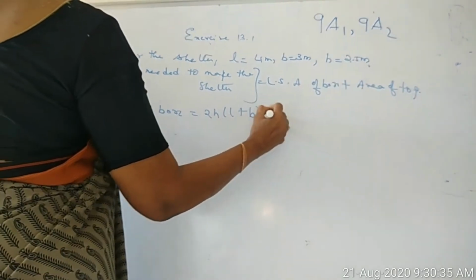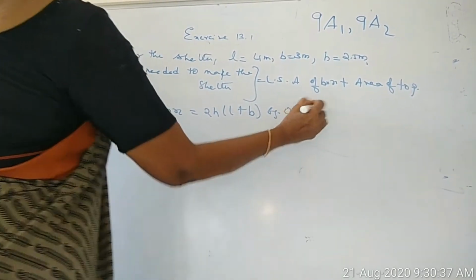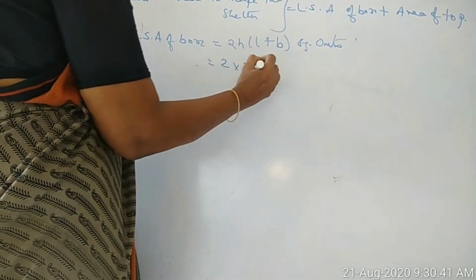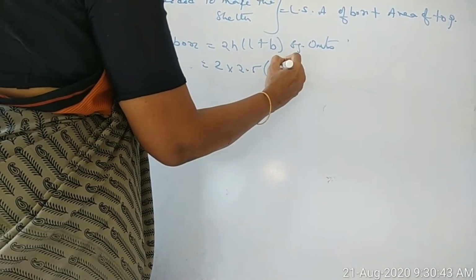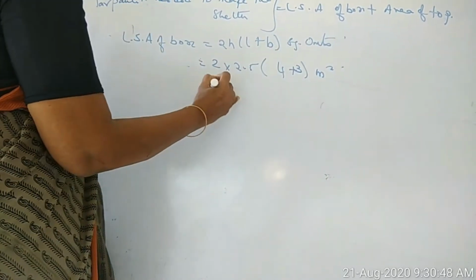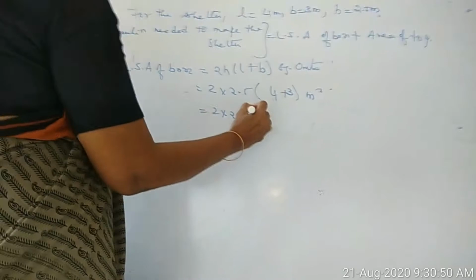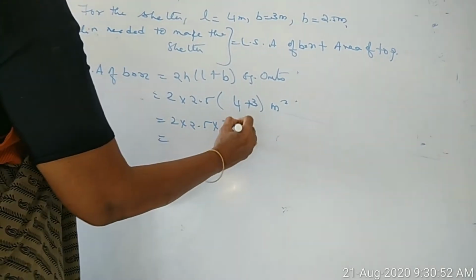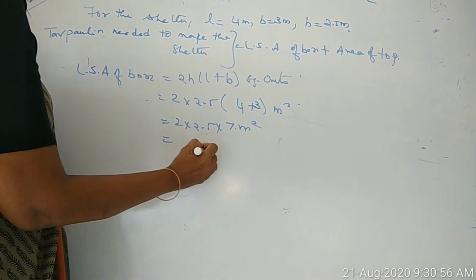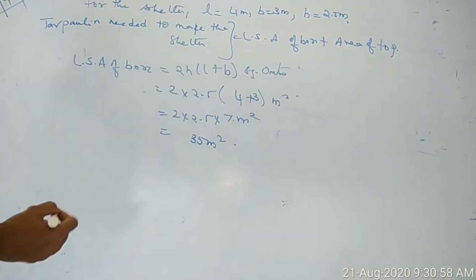So it is 2h into L plus B square units. Substitute your values, children. 2 into 2.5 into 4 plus 3 meters square, 2 into 2.5 into 7 meters square. 2 into 2.5, 5 into 7, 35 meters square.